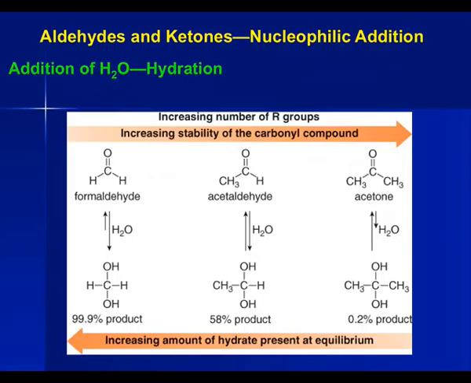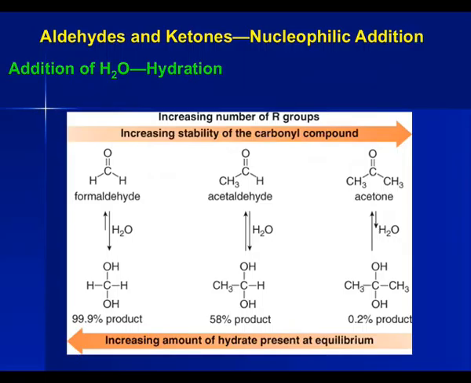This is the reason why we can't oxidize a primary alcohol to an aldehyde with Jones reagent. Explain that observation to me. Why is that true, Sarah? What does Jones reagent have in it?